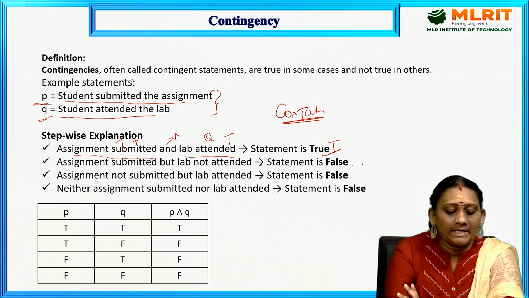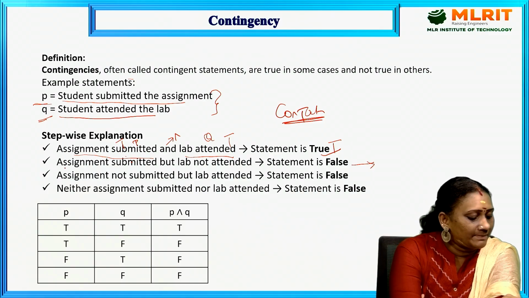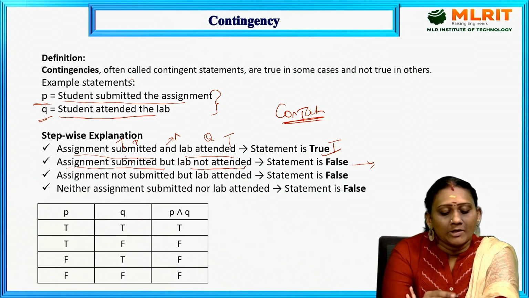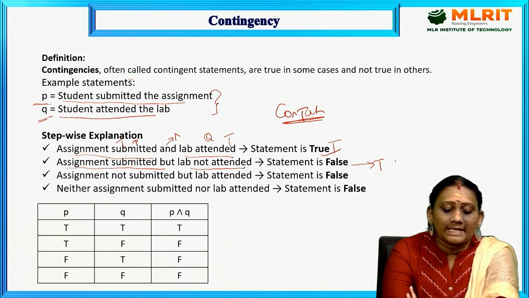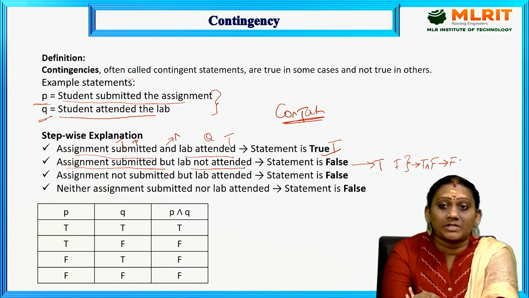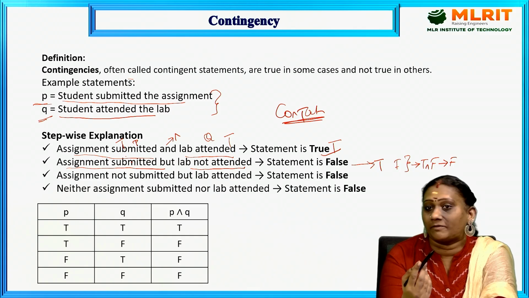Let me look at the second kind of statement. Here, assignment submitted but lab not attended. The first statement is true, the second statement is false. What will be the combination when we apply true and false? Obviously it is false, because the rule of conjunction is that it will be true only if both statements are true; in other cases it will be false.